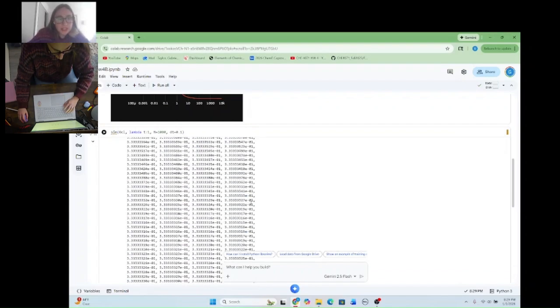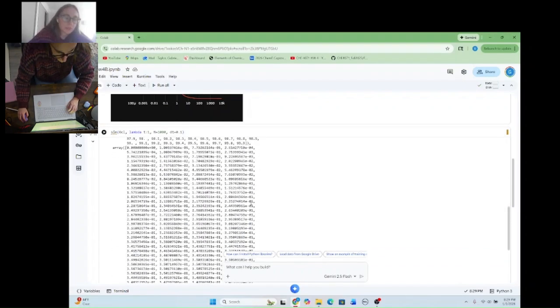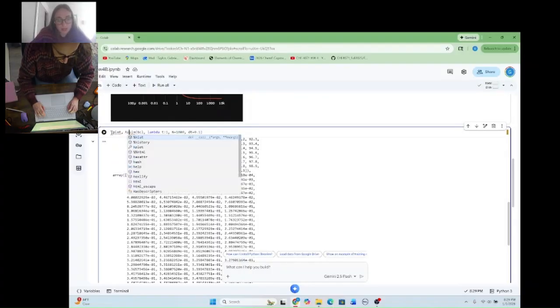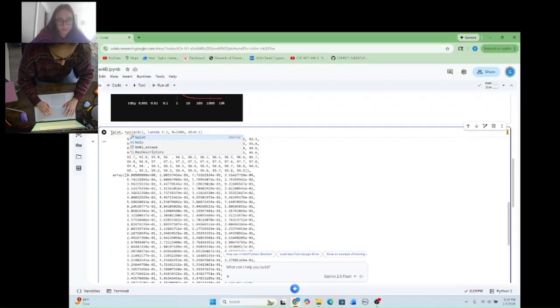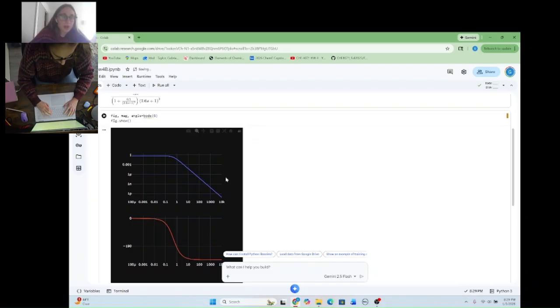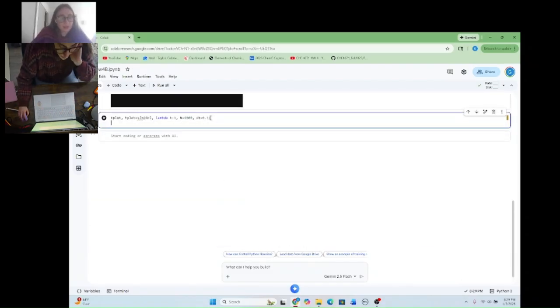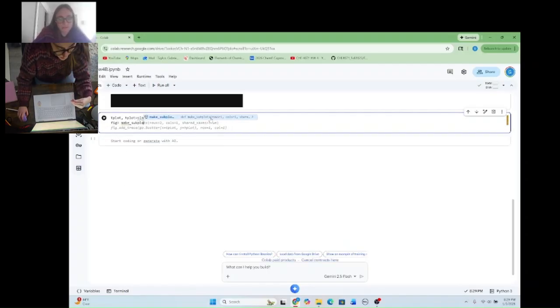So you're going to get two arrays with this, right? Your two arrays are going to give you your t-plot and your height plot as well. So now we have those two, and we can make our graph. So fig is make underscore subplots.